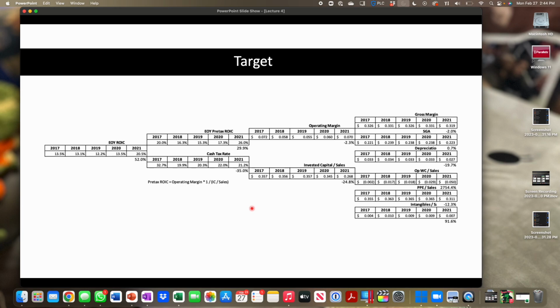Okay, so in 2017, end of year ROIC 13.5. 2021, 20.5. Okay, so it got better. Everybody see that? All right, driver 1, tax rate. Did tax rate help or hurt their ROIC over the 5 years, when the tax rate went from 32.7 to 21.2?